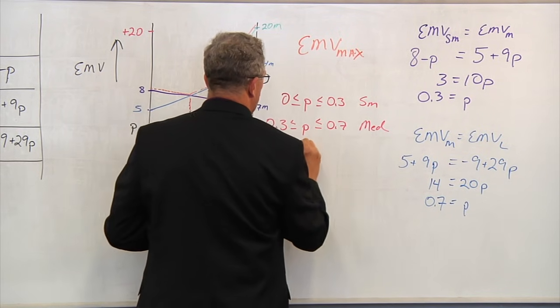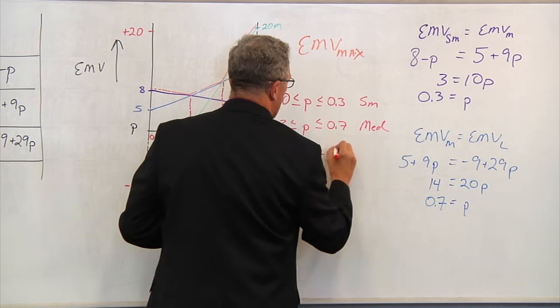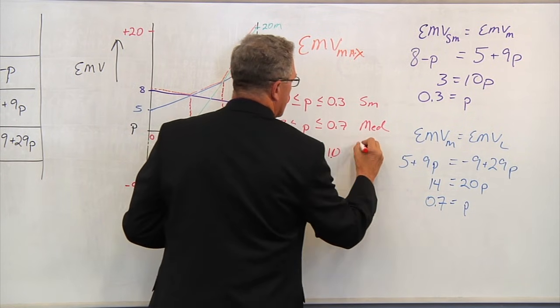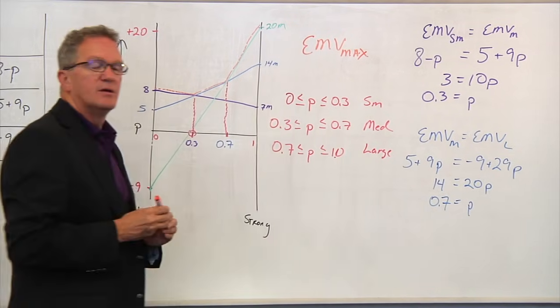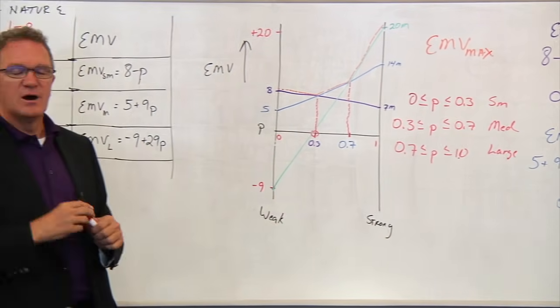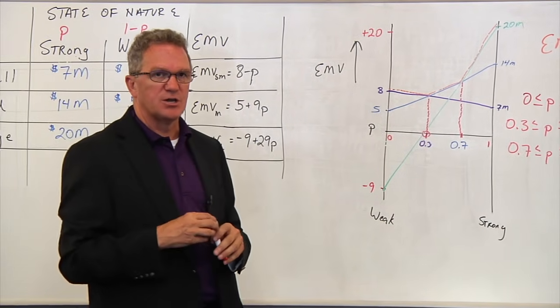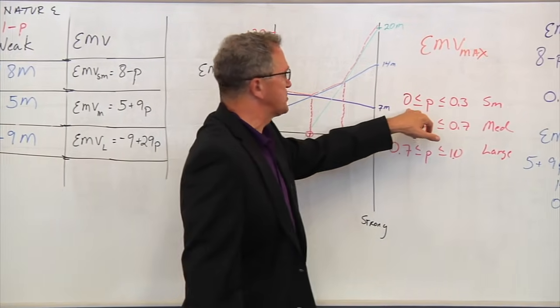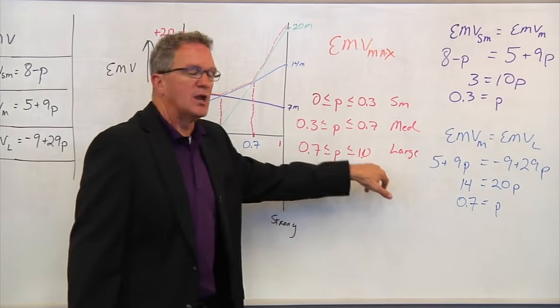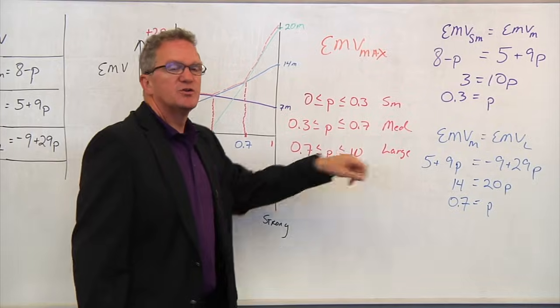And if it's between 70 and 100% that we will have strong demand, we would prefer to go with the largest possibility, the largest outcome. We would go with large condos. Remember, your values for P must be between 0 and 1, 0% to 100%.